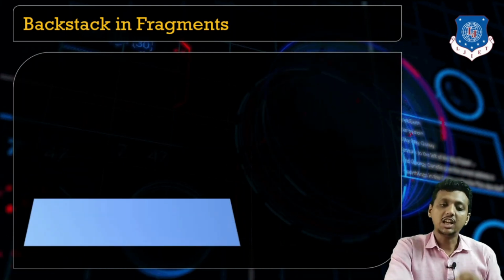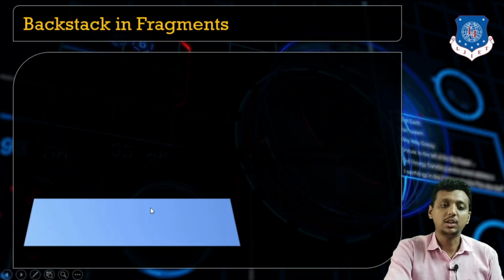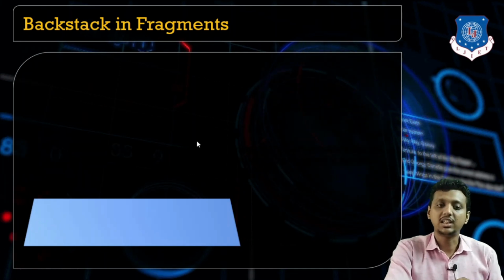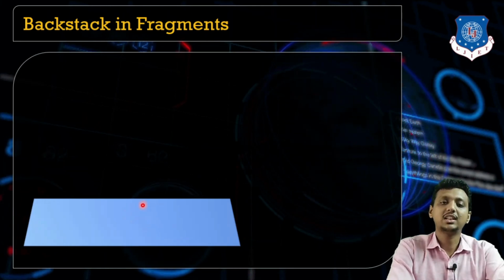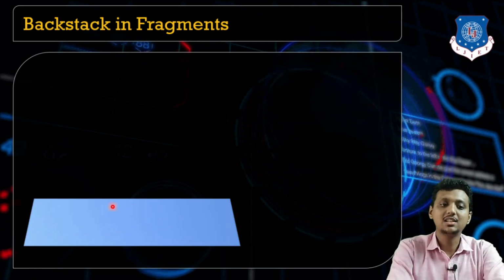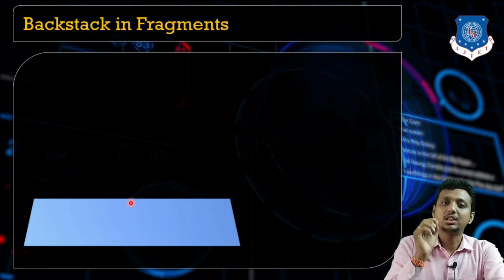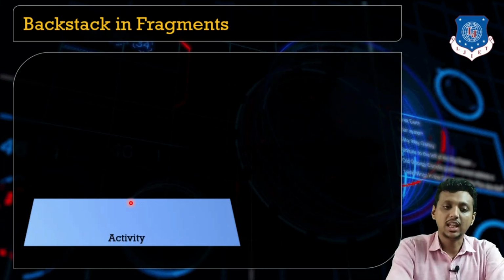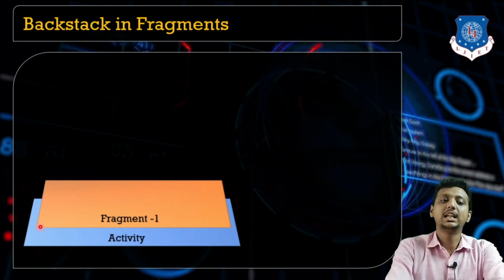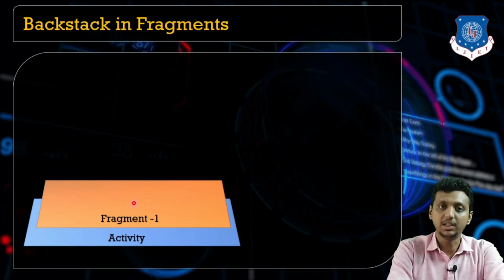Here I'm taking an example: this particular pen is our activity. When I click on any application, the very first screen that I am able to see is our activity. Now, if I want to add a fragment, it can be added like this. This is fragment number 1.